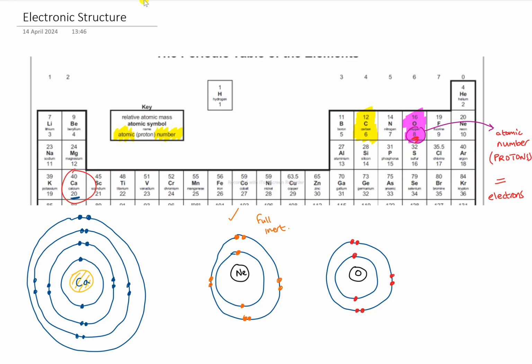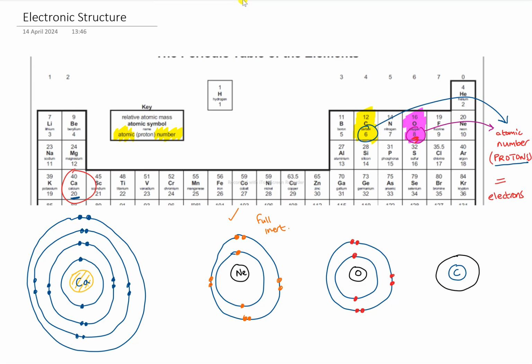Right, carbon. I've got 6. Atomic number is 6. Stands for the number of protons. The number of electrons equals the number of protons. So I need 6 electrons. So I'll put a circle. Put C in there for carbon. And then I do my first electronic shell. And I'm only allowed 2 on the first one.